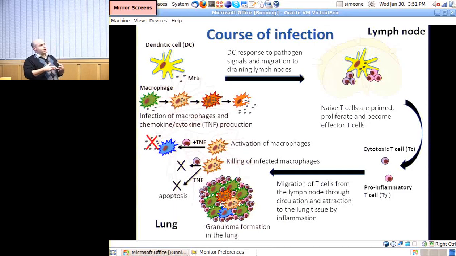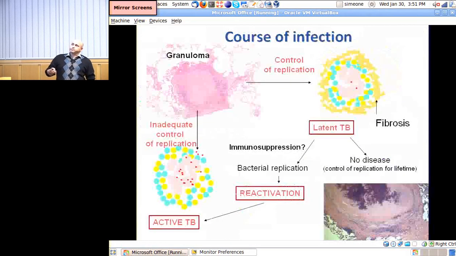So the granuloma is a very dynamic entity, and there is a continuous turnover of cells. It seems pretty stable, like not too many things are happening if you look at an X-ray, but there's a lot going on. So what we want to do is focus on the granuloma, at least in what I'm going to show you in this talk.